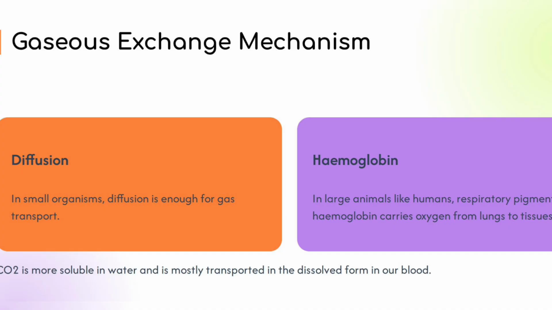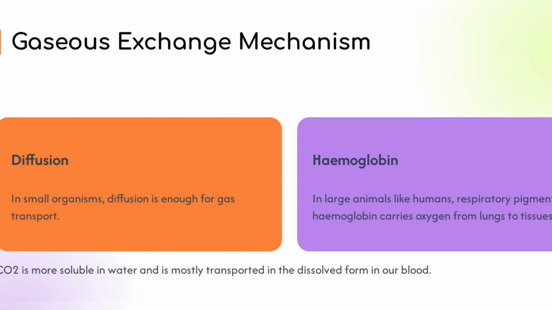But in large animals like humans, we need a special system: hemoglobin present in red blood cells is a respiratory pigment that carries oxygen from the lungs to all the tissues of the body.